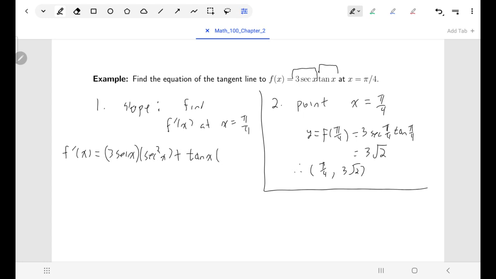The derivative of 3 times secant is 3 times secant times tangent. So I'm going to do one little bit of cleaning up here. I can say we have 3 secant cubed, plus 3 tangent squared secant.